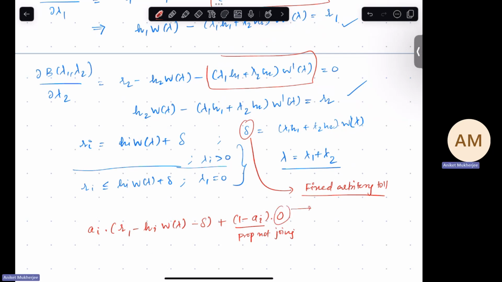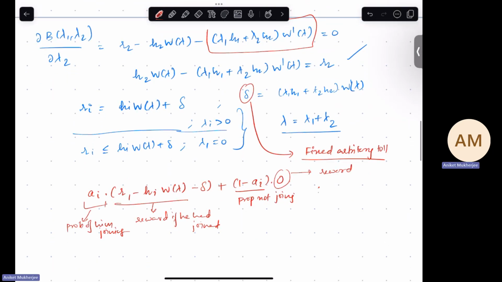This is the reward if he has not joined, which is 0. This is the reward if he had joined, and this is the probability of him joining. And since a_i is a probability, it will belong to the interval 0 to 1.